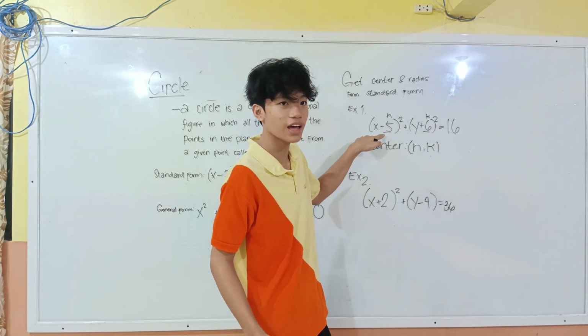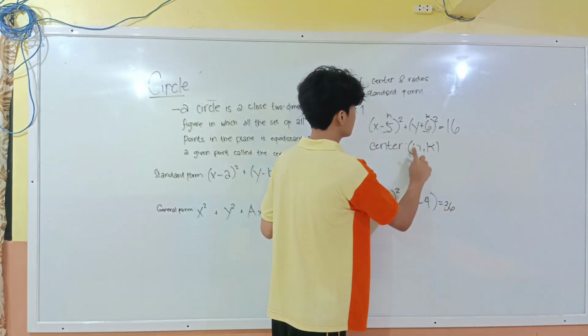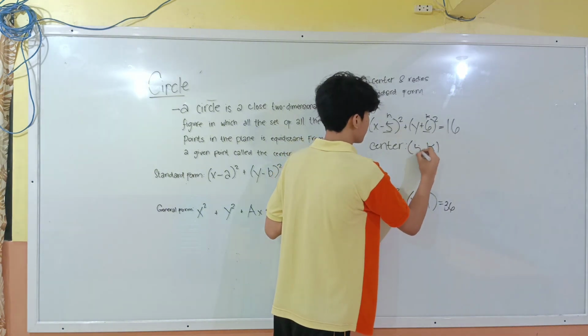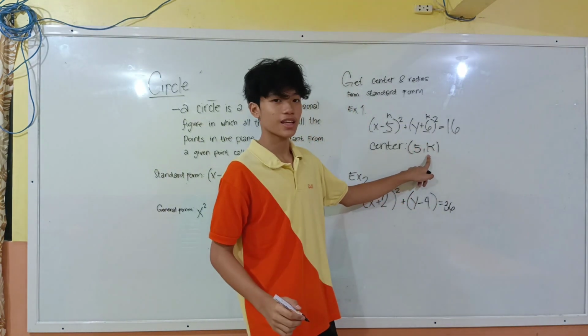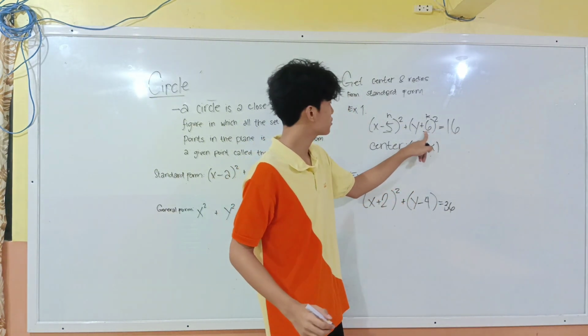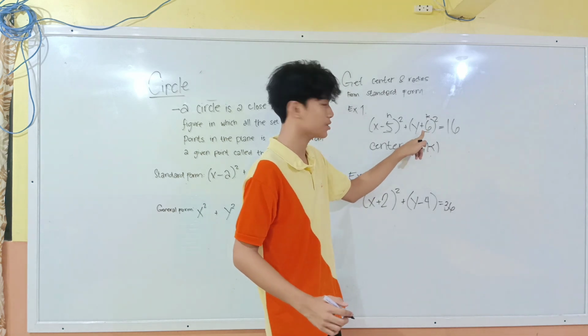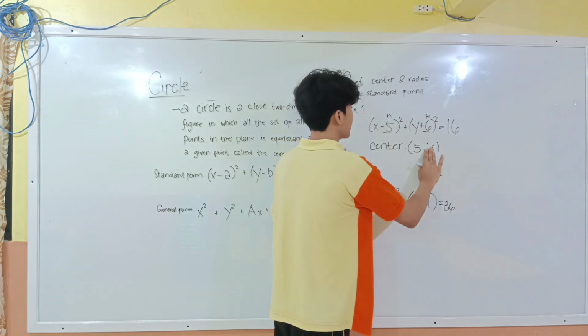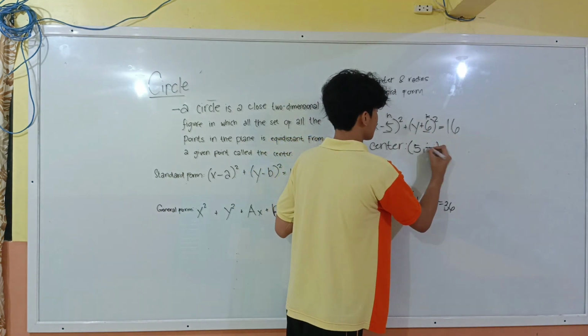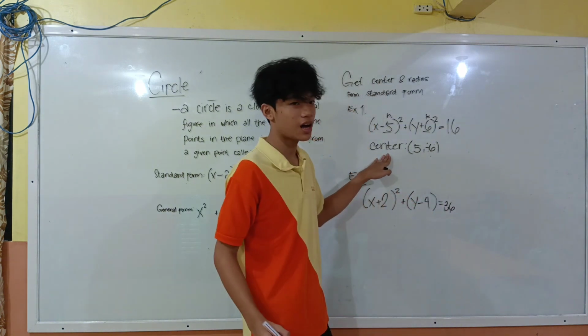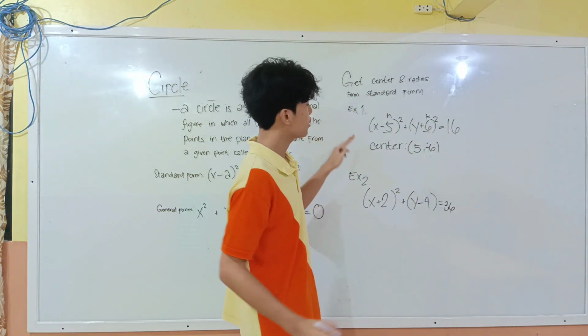So negative 5, we change the sign to positive 5. And then we have k. This is positive 6, so we change the sign and get negative 6. So here we have the center of the circle.